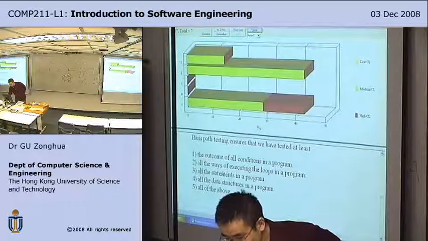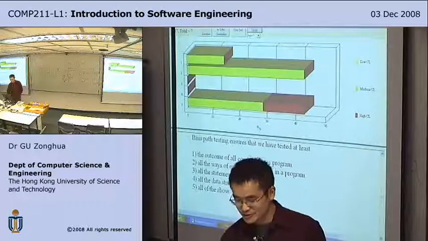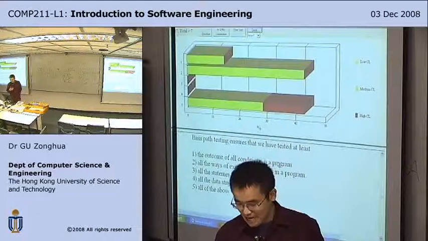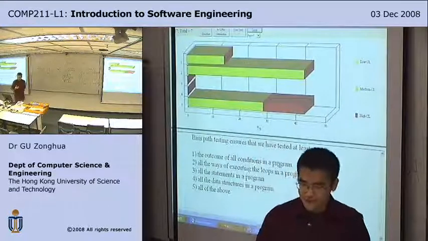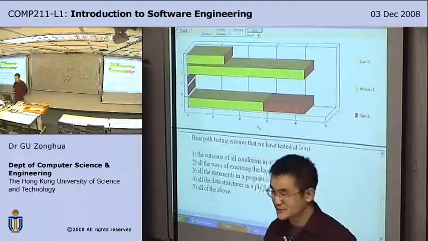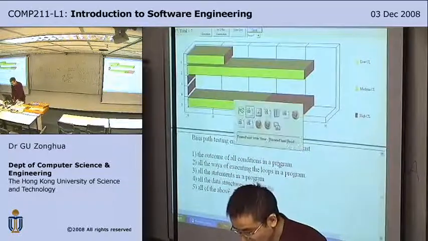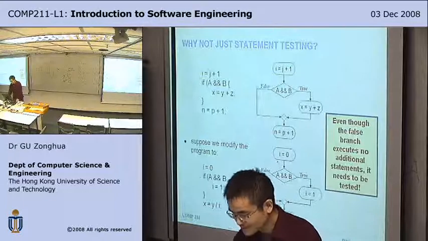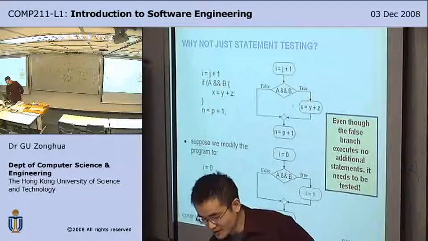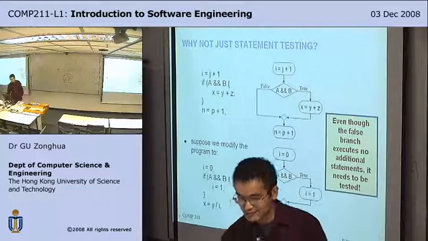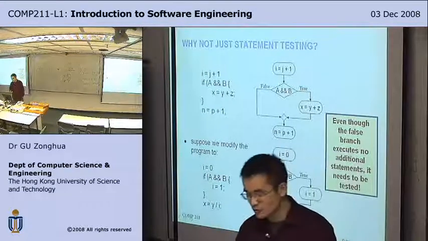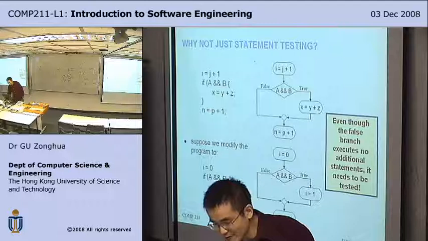Option 2, all the ways of executing the loops in a program. That's not correct, because if you do that, it takes you thousands of years, remember? Basis path testing really tests a piece of sequential code, and perhaps you have a loop.